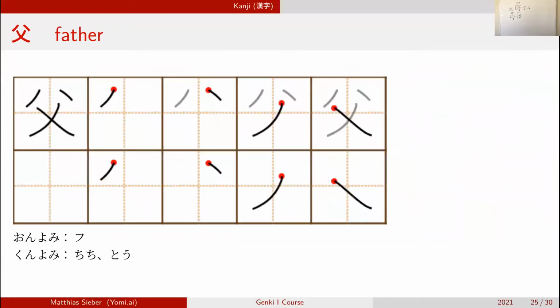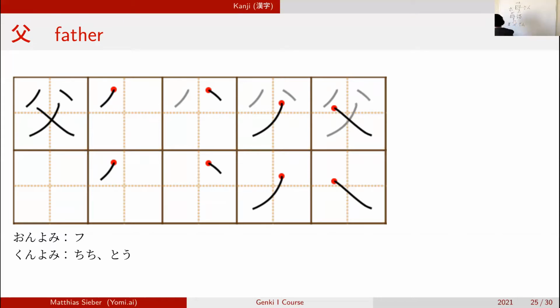Next, we have chichi, father. That looks like this. By itself, chichi, or again, o before, san after, it becomes otousan.